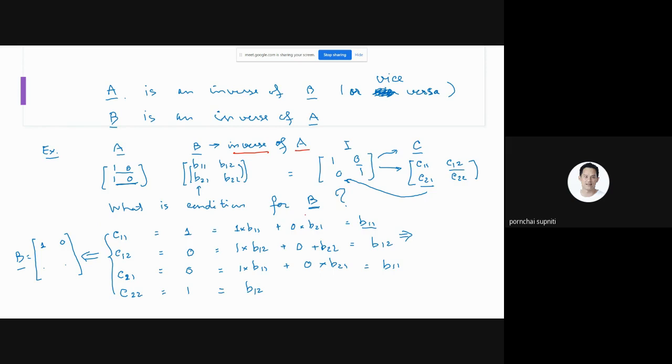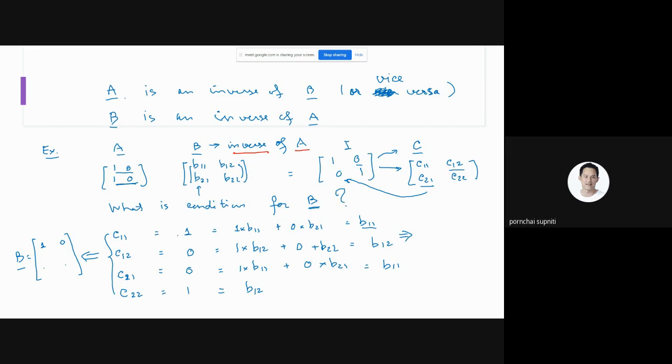Here we have the values for B11 and B12, right? From these 4 equations, right? Oh, sorry, something is wrong. C12 is equal to B12, C21. Okay, let me use red colors.